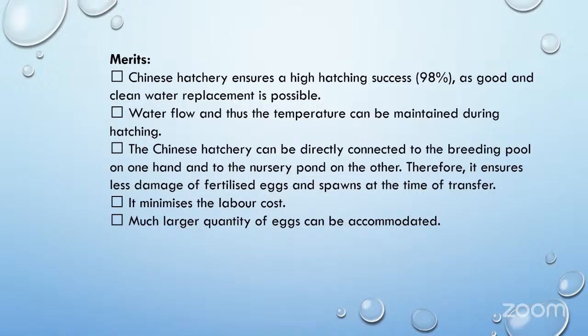Now, what are the merits of this? The Chinese hatchery ensures a high hatching success, that is 98%, as good and clean water replacement is possible. Water flow and thus the temperature can be maintained during hatching. The Chinese hatchery can be directly connected to the breeding pool on one hand and to the nursery pond on the other.